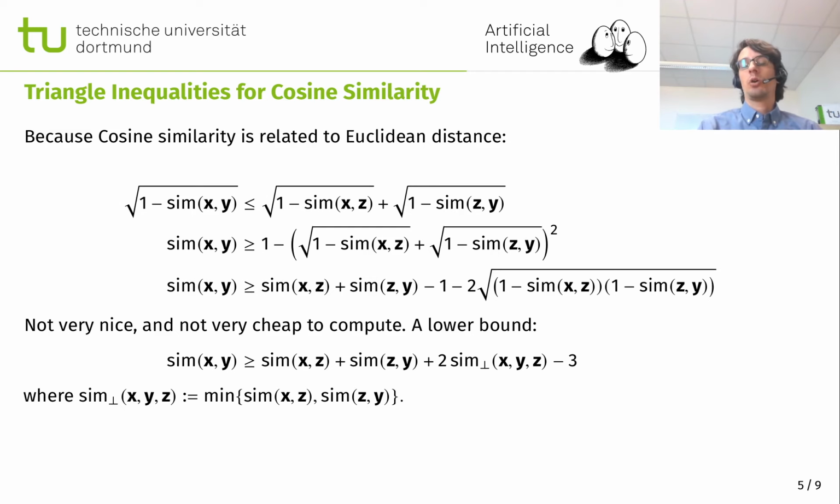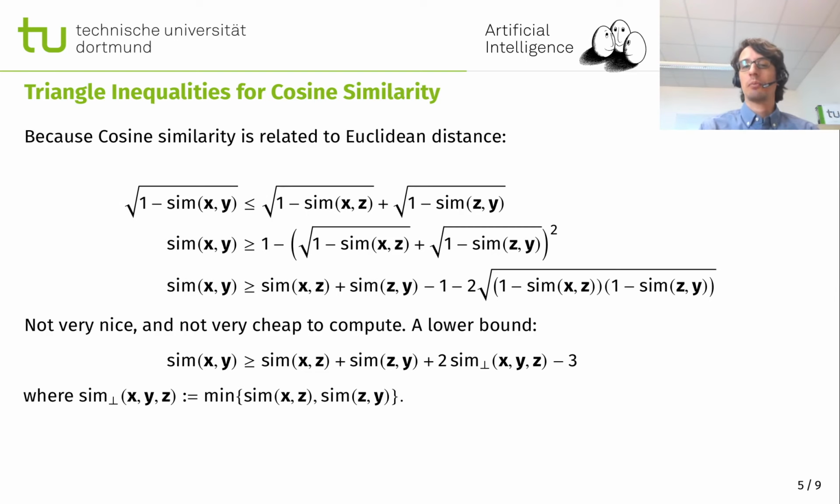So we do know we can use the Euclidean distance triangle inequality and replace Euclidean distance with this transformation. And then we get essentially the first line inequality. And to avoid the square roots or reduce the square roots, we can square everything, and we can remove the sign to remove the 1 minus.